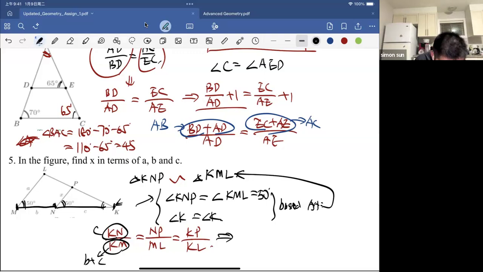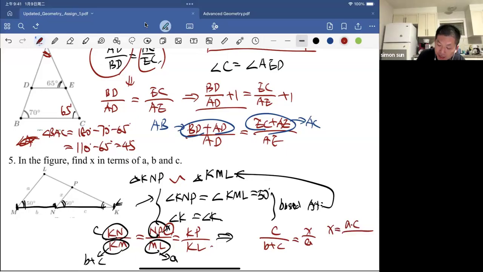The next one, ML, is a, and NP is x, which is what we want to calculate. So the final equation will be c over b plus c equal to x over a. So x will be equal to a times c over b plus c. And that's the answer for number 5.